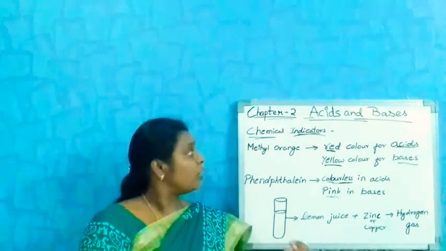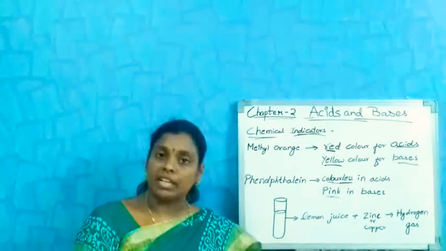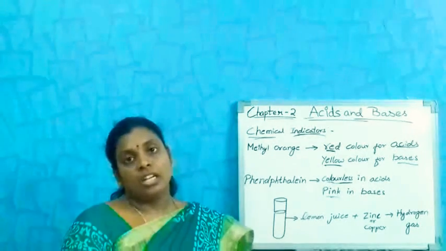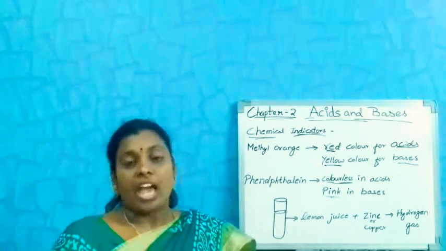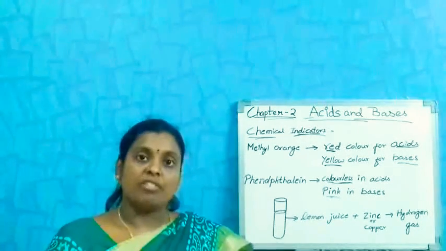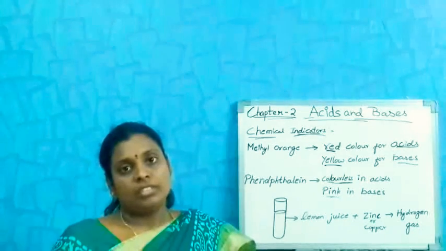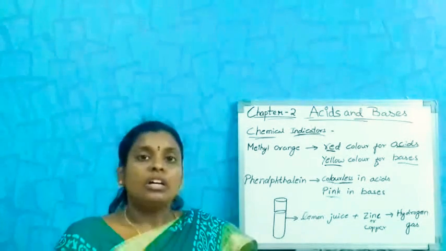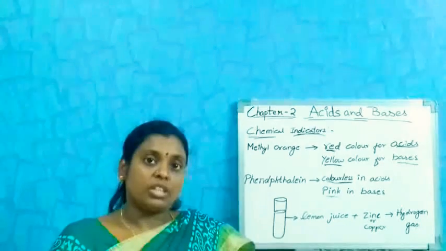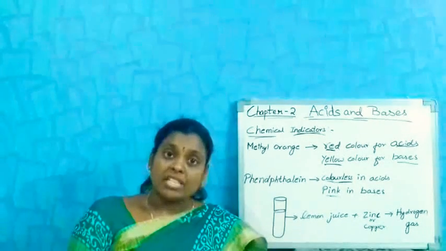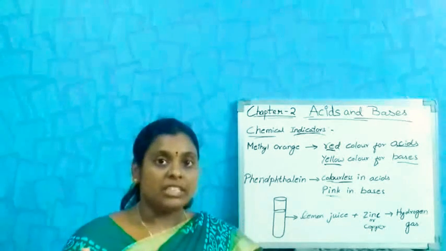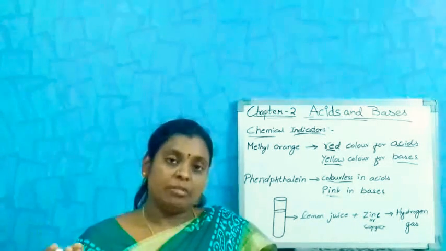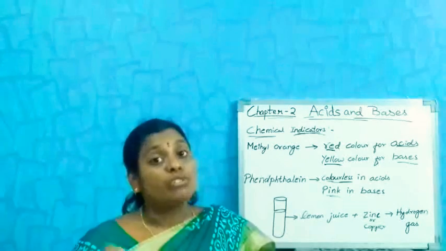Children, till now we have learned about the chemical indicators. Now I am going to explain about acid rains. Have you ever heard about that? The rain also combines with some acids, like carbonic acid, nitric acid, sulfuric acid.